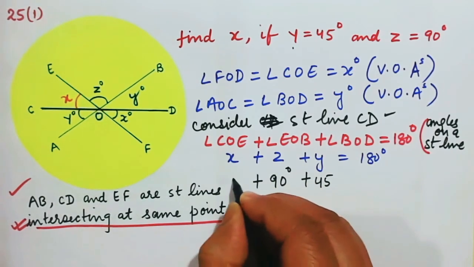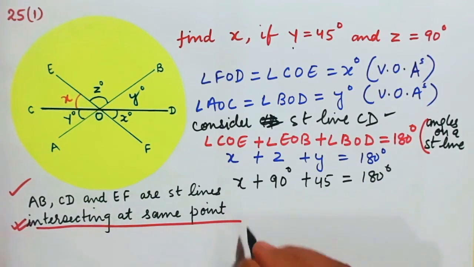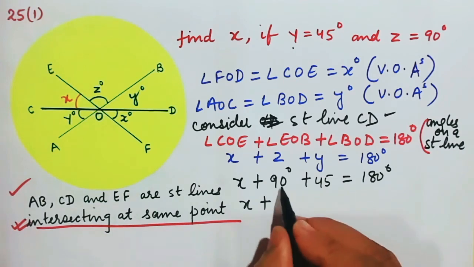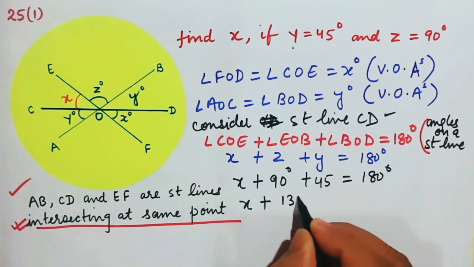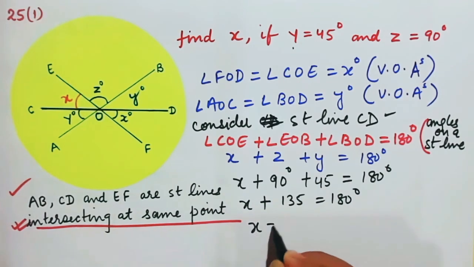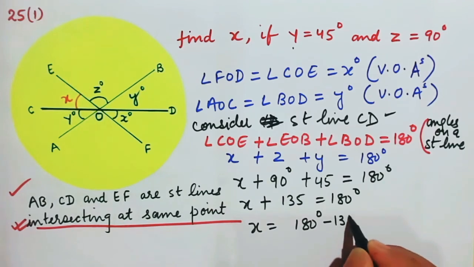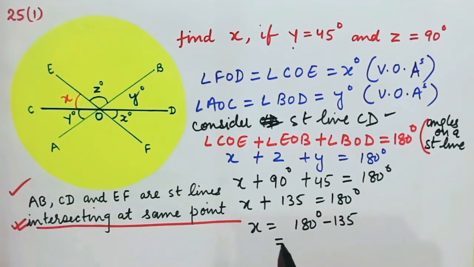They have not given you X. Can't you find the value of X? So X plus 90 plus 45, 135, is equal to 180 degree. X is equal to 180 minus 135, which is 45 degree. That is your solution.